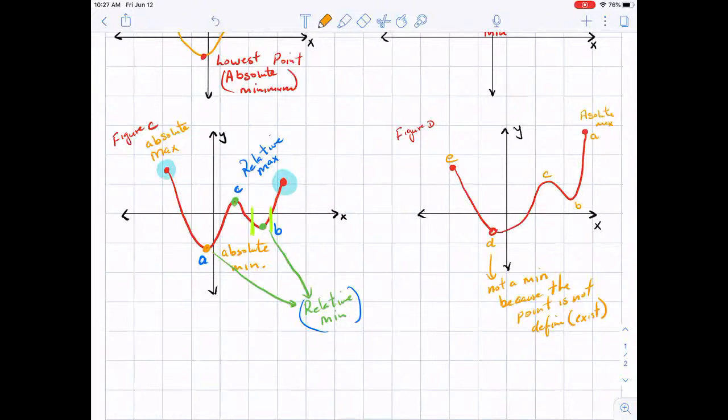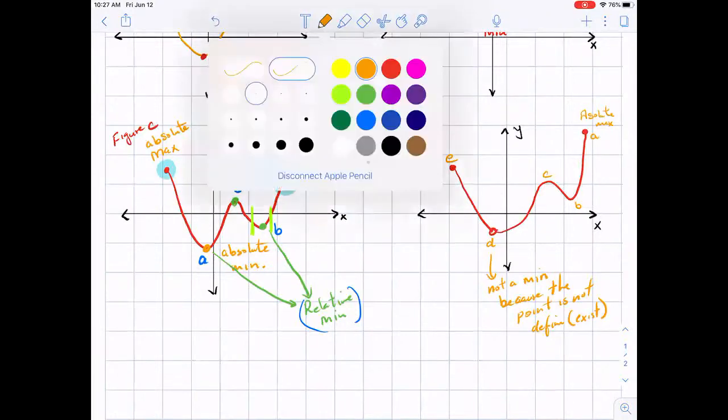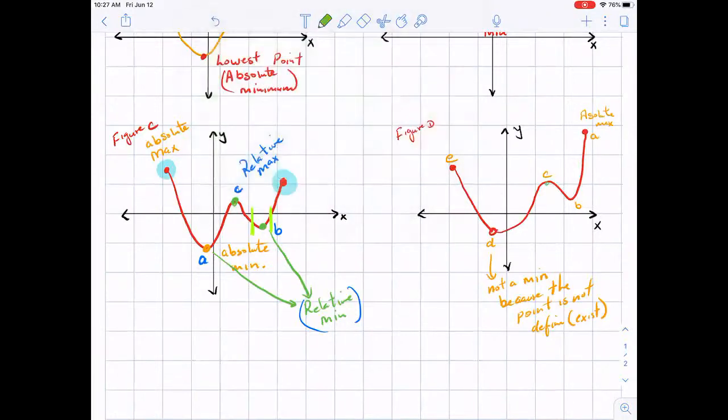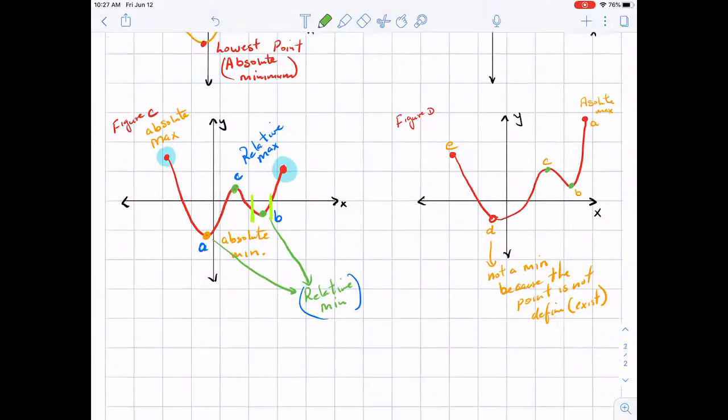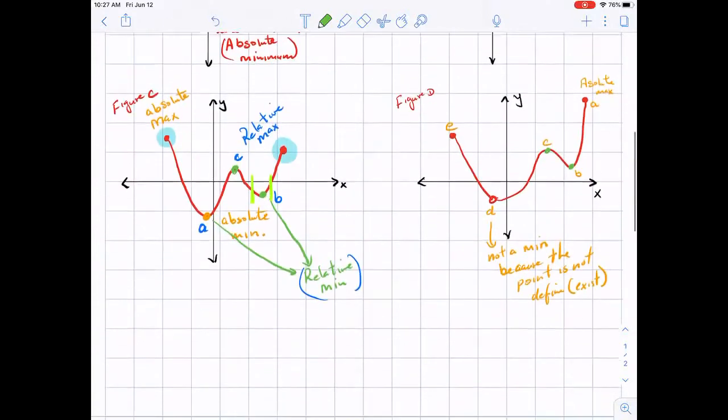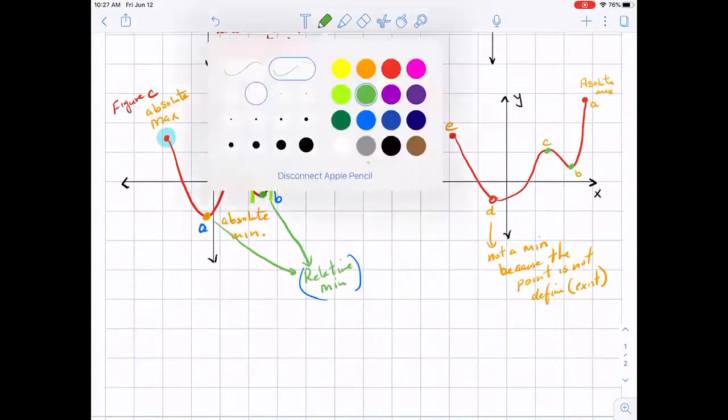Now, if we look at the point C and the point B, are there surrounding points about those points? Okay, so let's look at them individually.